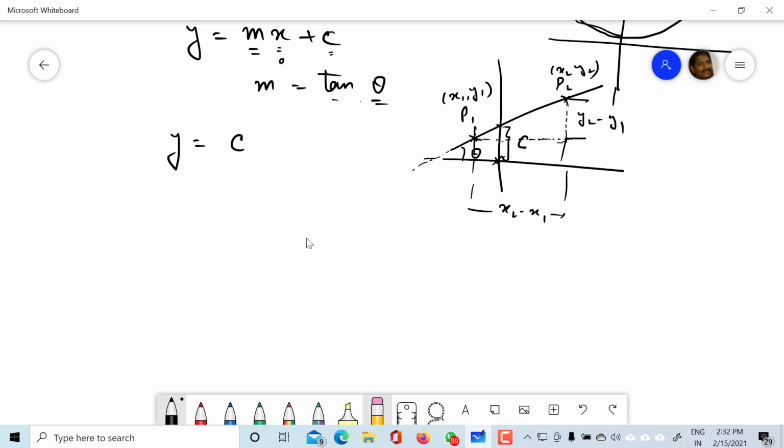Okay, and tan theta is perpendicular by base, and thereby this distance upon this distance, that is y2 minus y1 upon x2 minus x1.